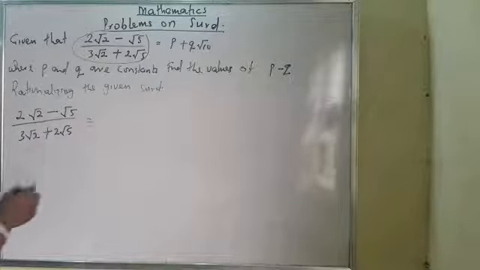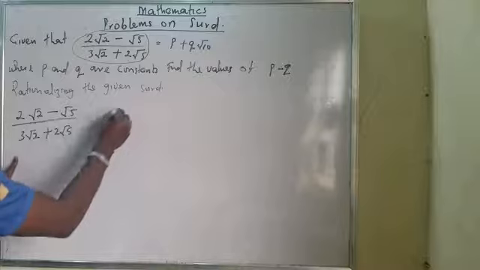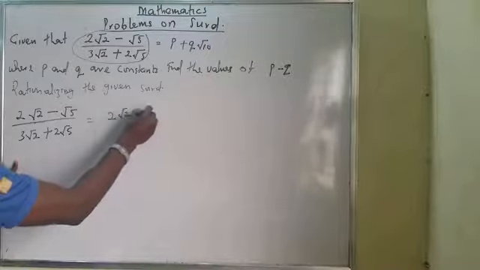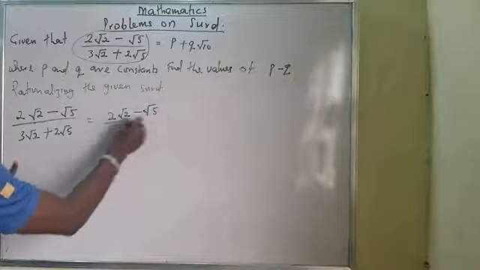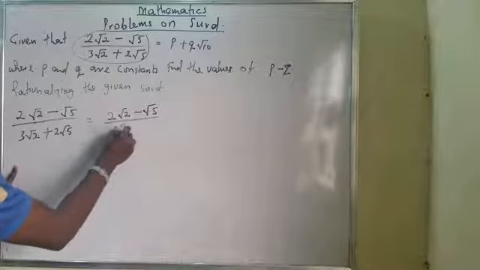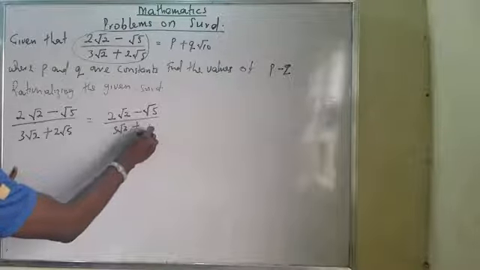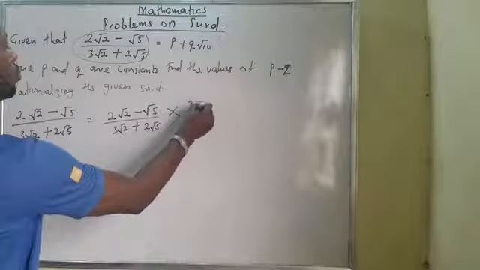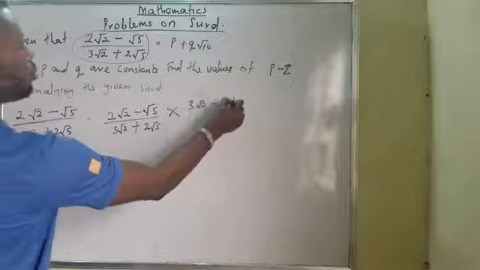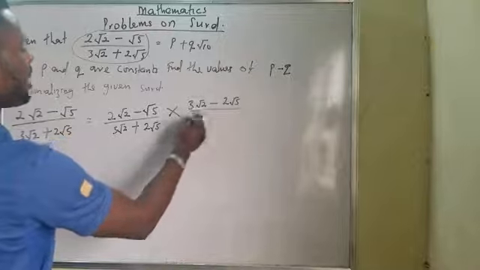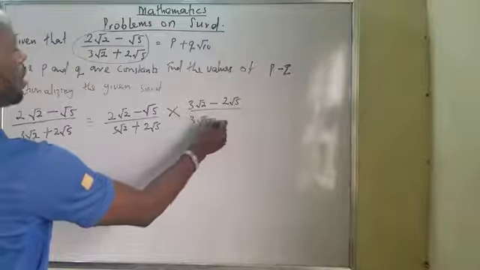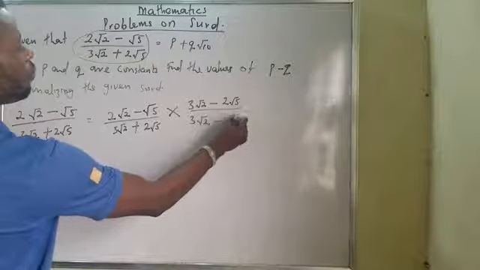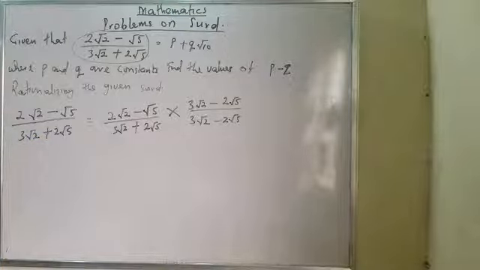I want to rationalize now, so I multiply by (3 root 2 minus 2 root 5) over (3 root 2 minus 2 root 5). That is all we need to do.